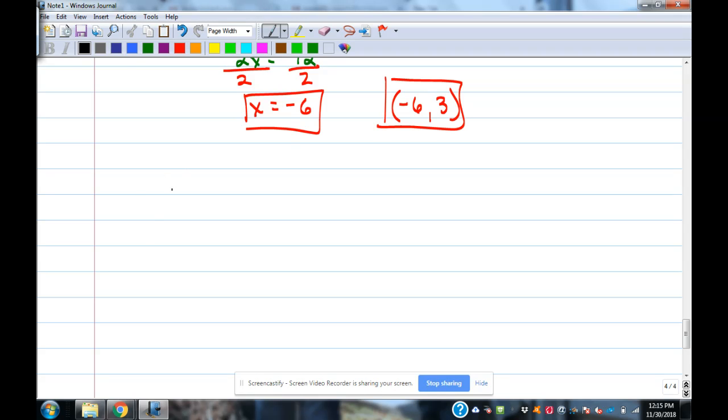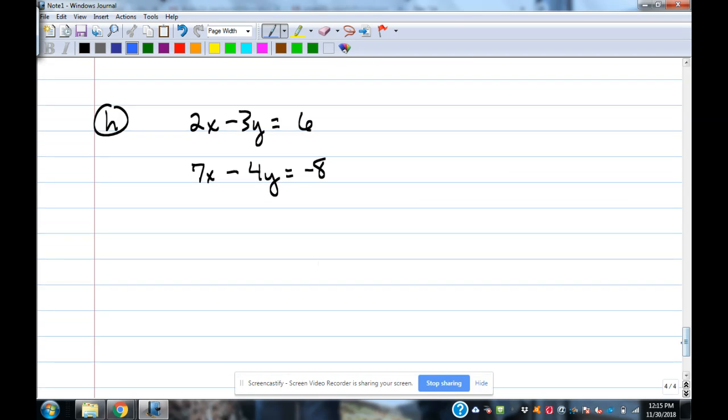Let's do the next one. So we had 2x minus 3y is equal to something, and 7x minus 4y is equal to -8.